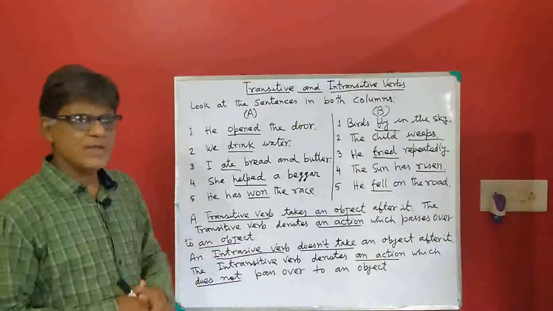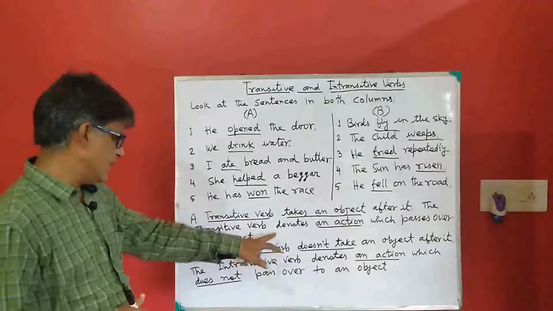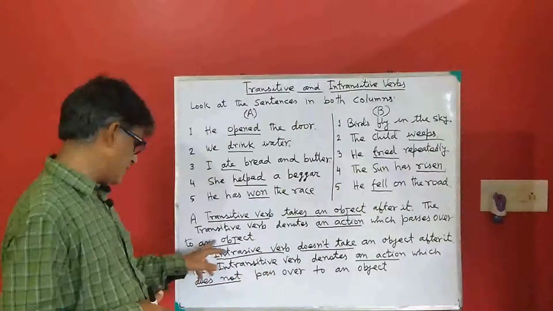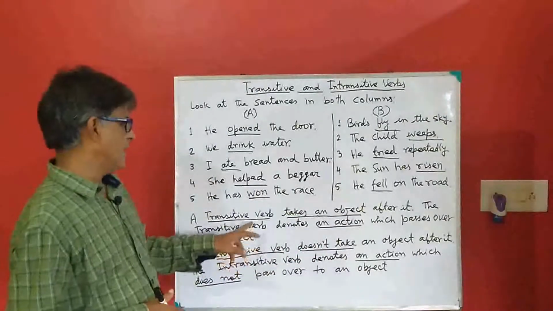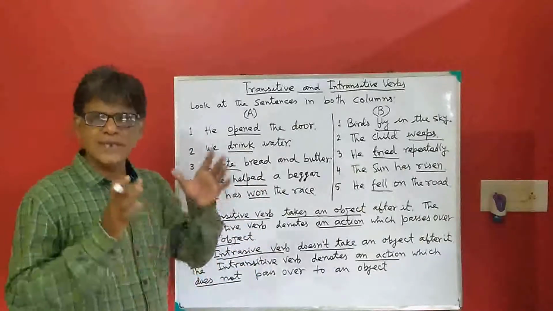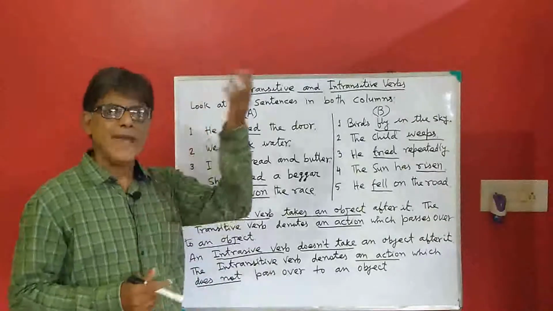In another way we will say that a transitive verb denotes an action which passes over to an object. A transitive verb is a verb which denotes an action and the effect of the action is on an object.